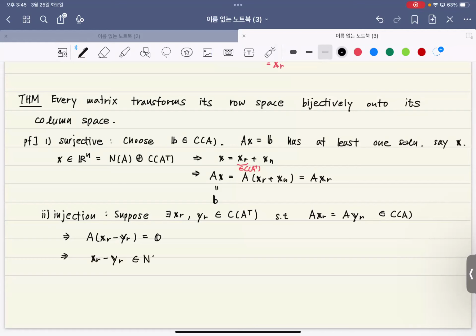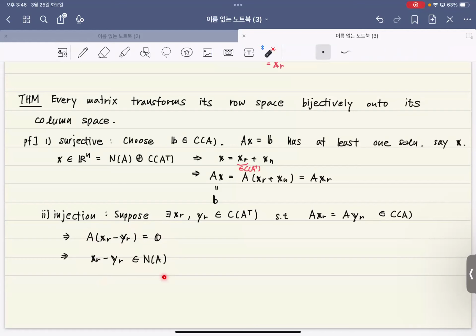So this vector multiplied by the matrix A gives 0. That means this vector is a member of the null space.